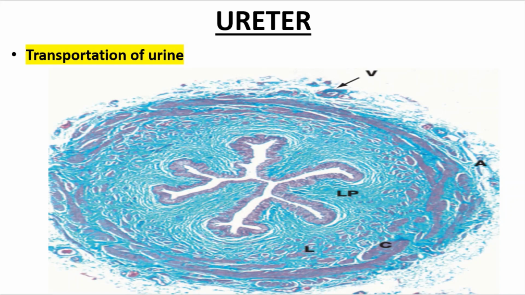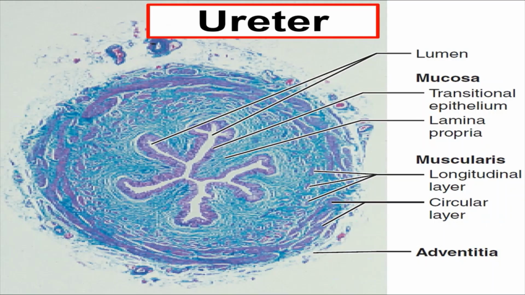You can see here inner longitudinal muscles, outer circular muscles. And then you have the adventitia that is surrounding it. So this is simply the cross section of the ureter. You can pick any ureter and draw. Just make sure you label everything properly. This is still the ureter that is labeled.